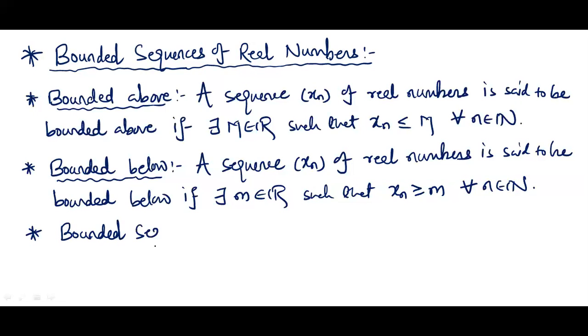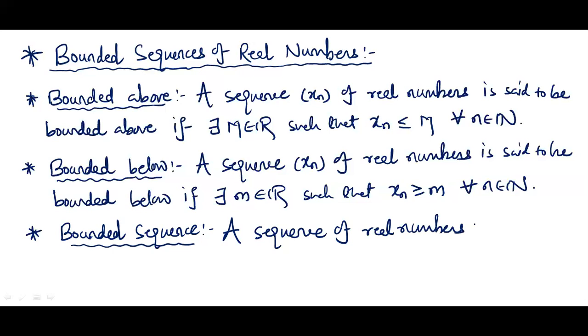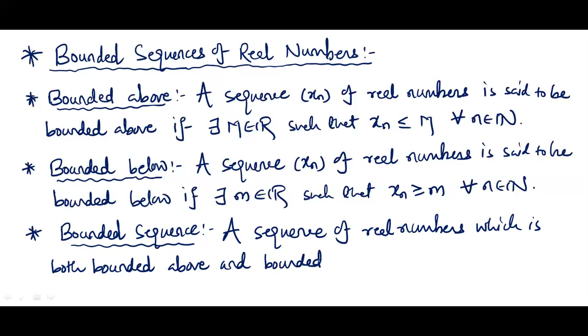Bounded sequence. A sequence of real numbers which is both bounded above and bounded below is called a bounded sequence.